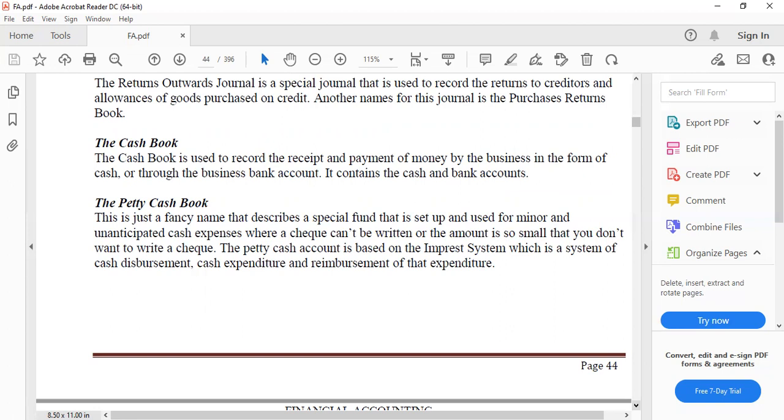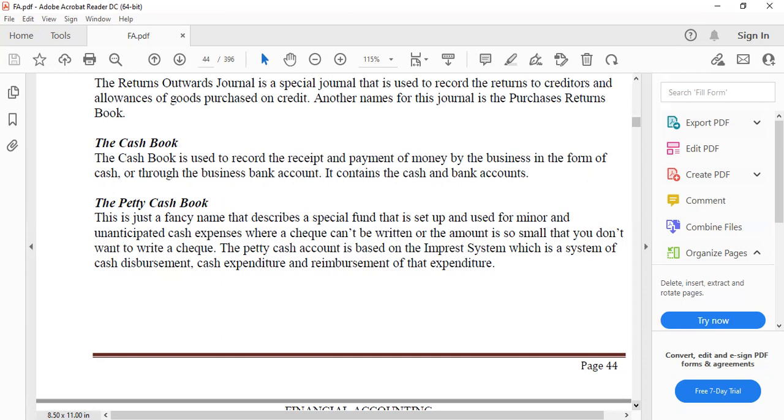We shall soon see cash books of different types. In fact, there are 3 types: a 1-column cash book, a 2-column cash book, and a 3-column cash book. We are going to see that the 3-column cash book is a special cash book because it records the discount received and the discount allowed, which are not recorded in the other cash books.